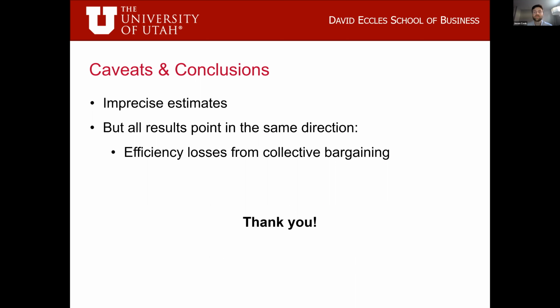Yeah, I agree. I have a question about the capital bonds that you didn't use. Given that you're trying to tell a story with multiple estimates that are not quite at the precision that you would want, but all point in the same direction, every additional thing you can point to helps.